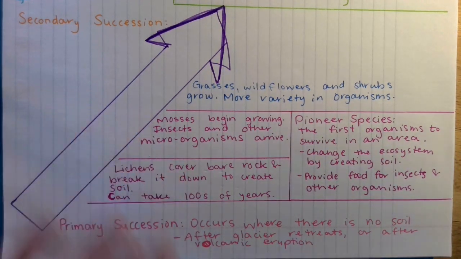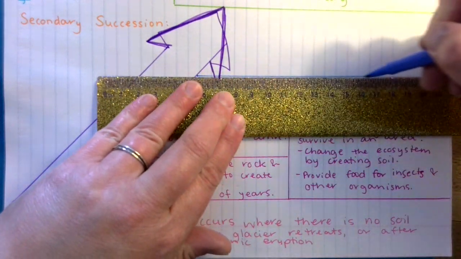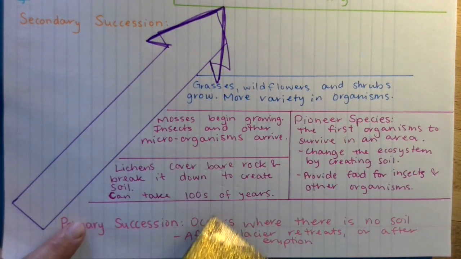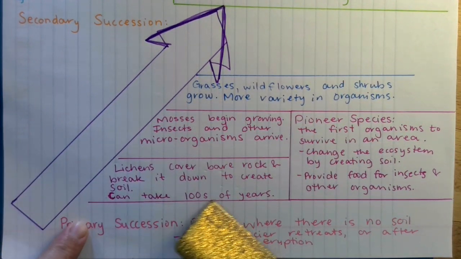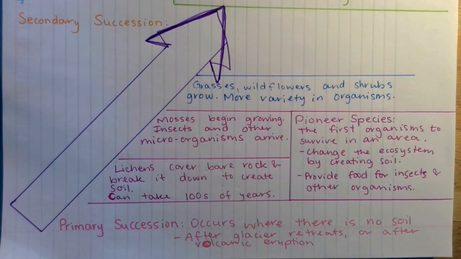Okay, and above that, so this is all happening over time, right? This is at the beginning, down here, lichens cover, next mosses, next grasses.